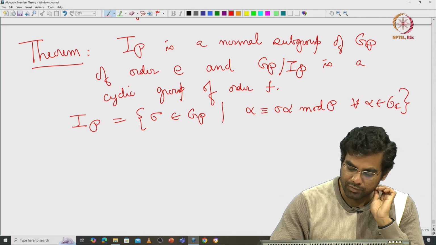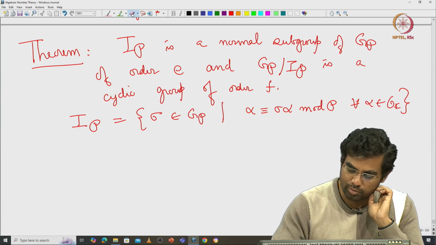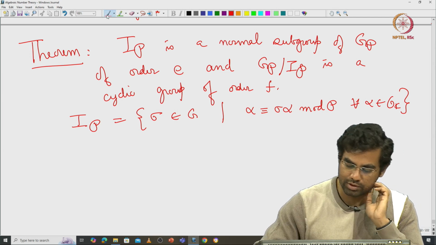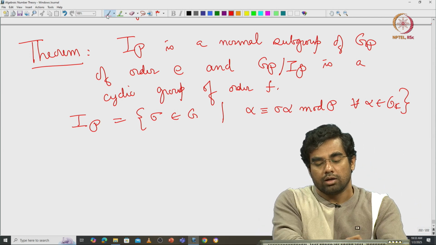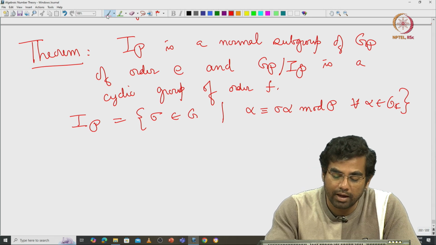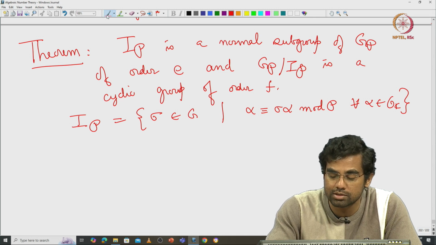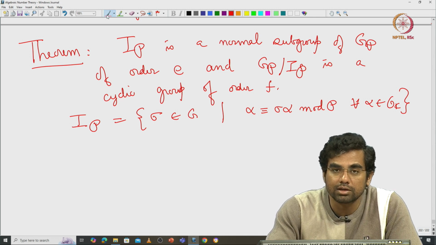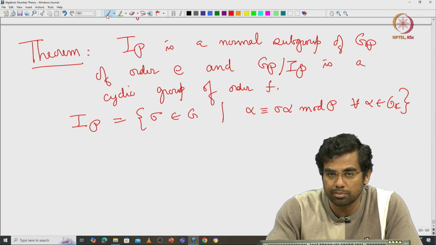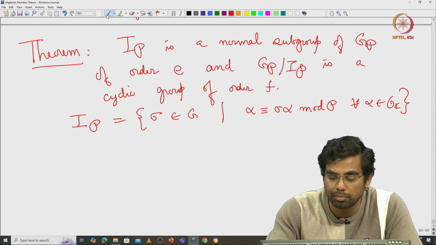Okay, so this is kind of clear, but I want to make a stronger statement. It is clear that if I write G sub P here, then this is true, because I P is the kernel of this map from G sub P to the Galois group of K capital P over K small p.